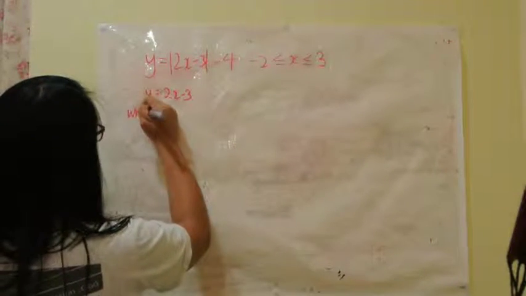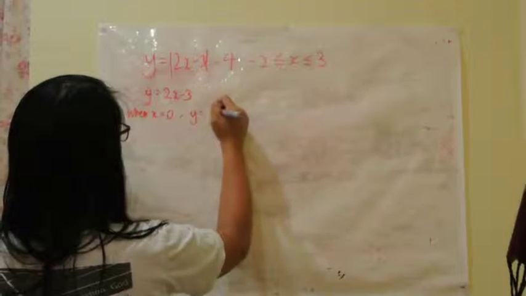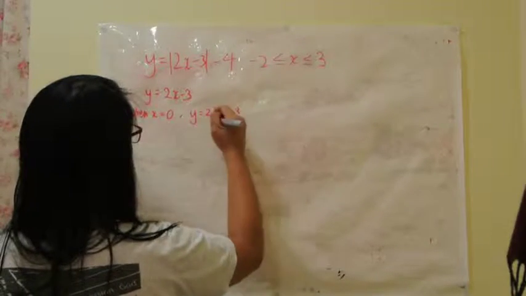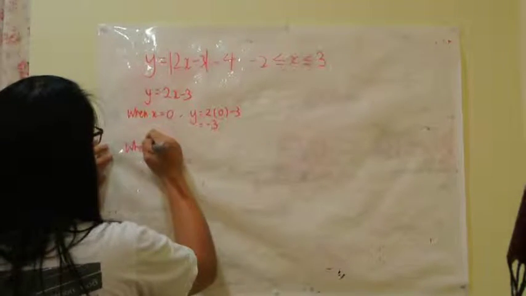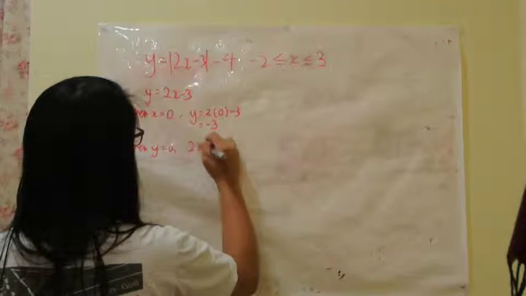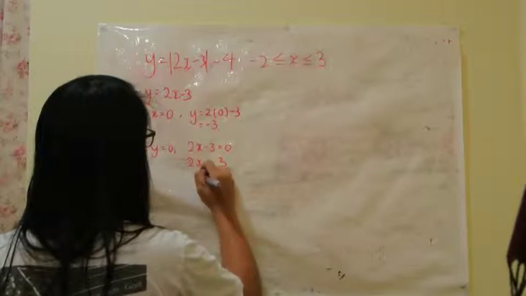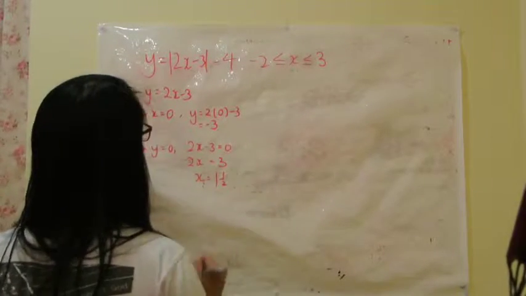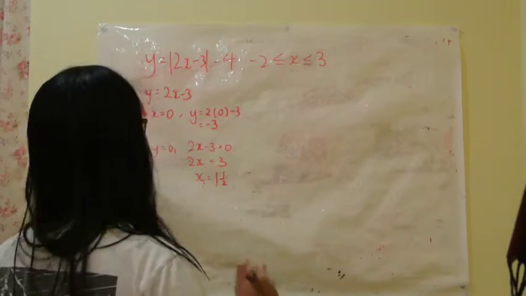Let's find the usual points. When x equals 0, y equals 2 times 0 minus 3, which gives us minus 3. When y equals 0, we have 2x minus 3 equals 0, so 2x equals 3 and x equals 1.5. Then we consider the endpoints as well.